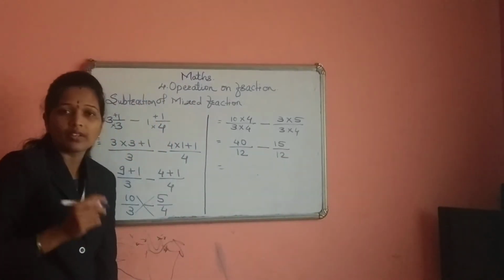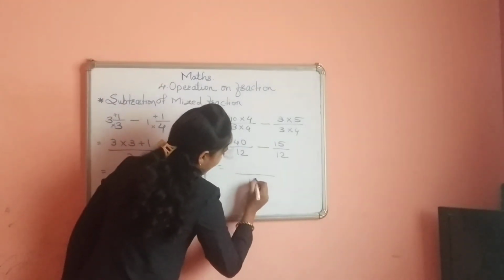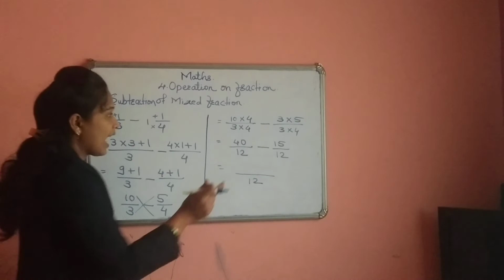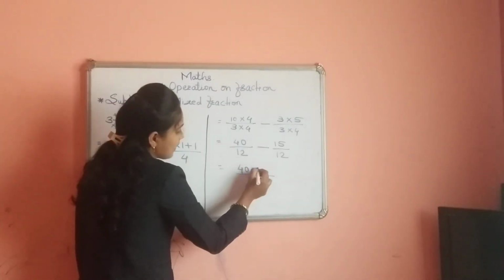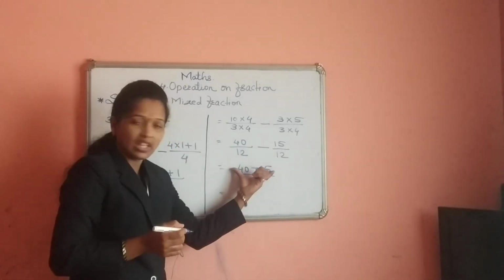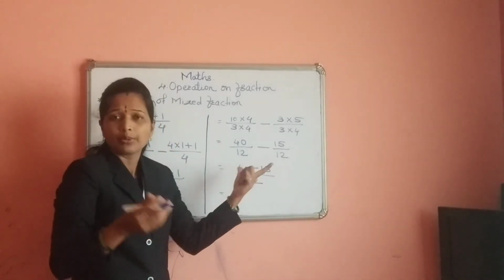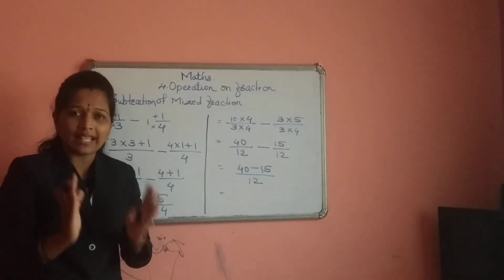Now if you observe, the denominators are the same, that is 12 and 12. So take the denominator 12 one time, and in the numerator do the subtraction 40 minus 15. It is simple. In addition we do the addition here and in subtraction we do the subtraction. Addition and subtraction go by the same method.